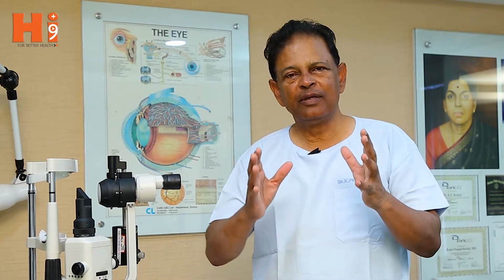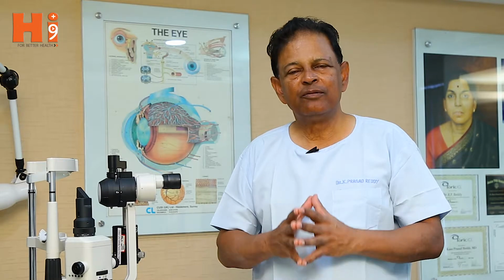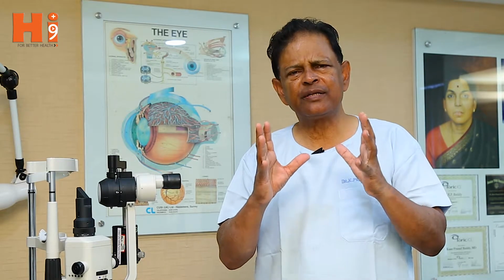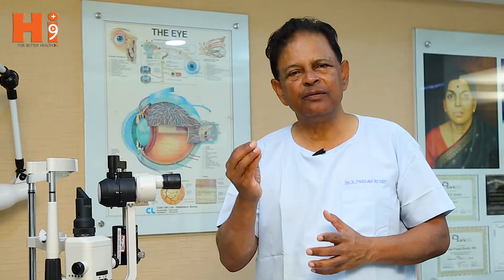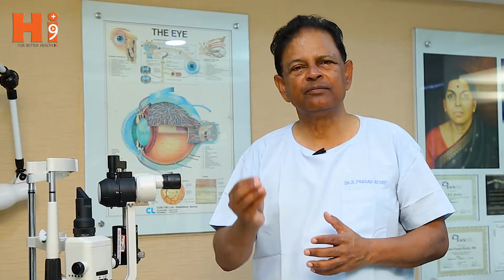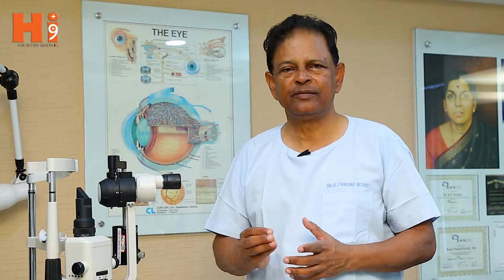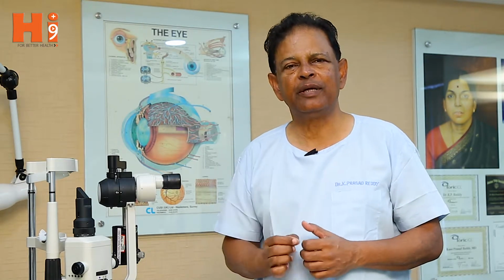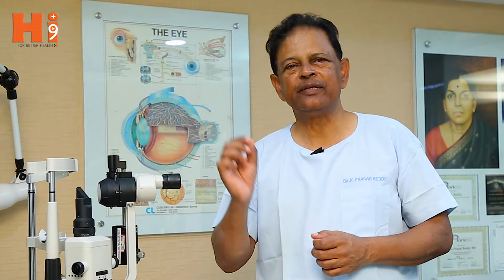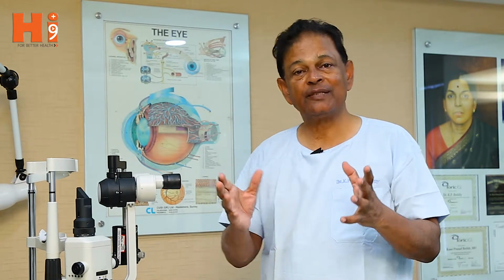A normal, very healthy retina sees a very crisp and clear picture. But imagine that retina is now with leakage. What gets leaked? Sometimes a little bit of blood, sometimes a little serum, what we call exudates.